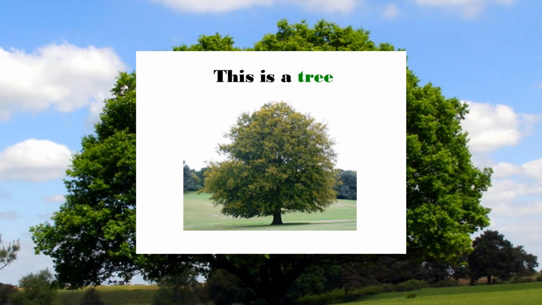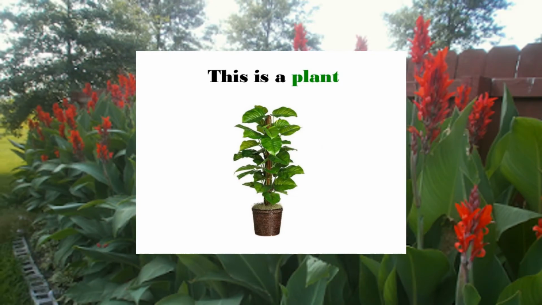Oh, so this is a tree. Yes, you can see the tree in the background and the tree in the foreground are beautiful leafy trees. This is a plant. So did you see the difference between the tree and the plant?